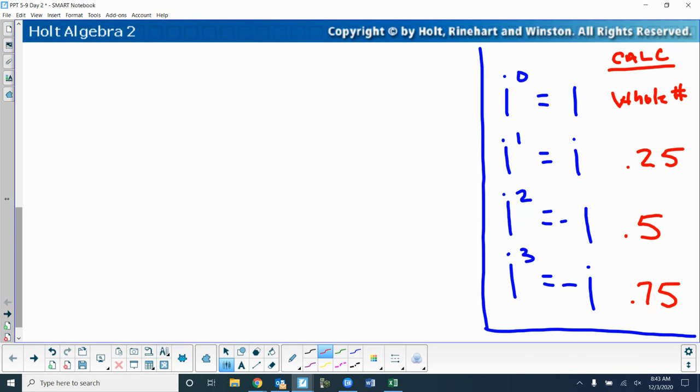When you divide by 4 and you get a number with 0.25 in it, that means it's going to be i to the first. i squared we know is -1. So if you divide by 4 and get 0.5 in your answer, that means it's i squared. And the one we just did had a 0.75 in your calculator. That's the i cubed, which is the -i. Okay? That's how we do those.